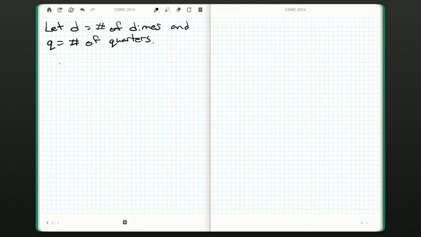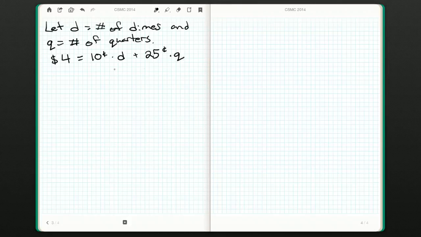Well then, $4 is going to be 10 cents times the number of dimes plus 25 cents, we have a quarter, not a fifth of something, 25 cents times the number of quarters.